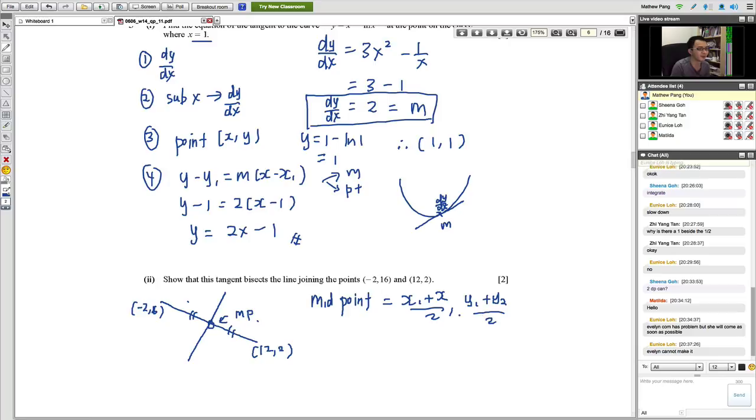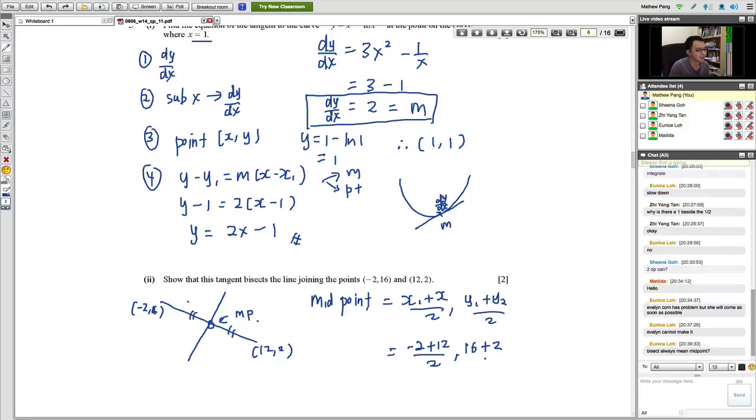So it will be negative 2 plus 12 over 2, and y will be 16 plus 2 over 2.